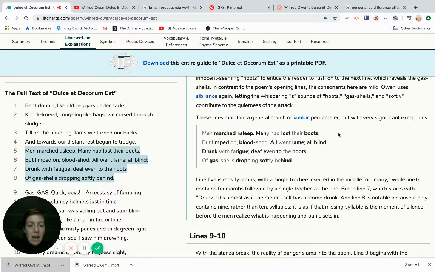And do you see how the meter reflects the chaos and the panic that is setting in, the way that it doesn't continue in a regular, predictable way, but rather starts to become very off rhythm and disjointed with the missing syllables and the stressed syllables changing order.